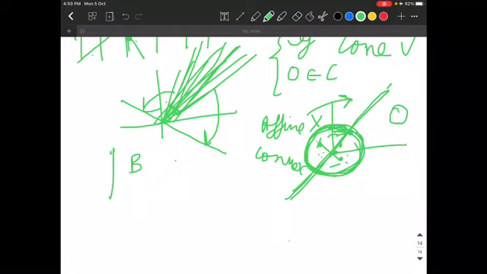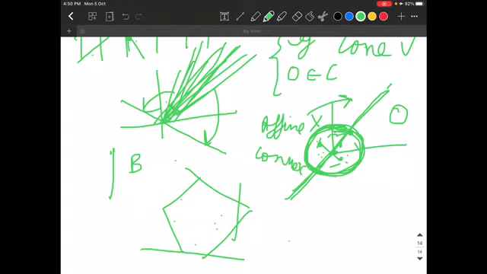What next? Similarly there are polyhedrons and polytopes. We have half spaces, they intersect and they give us a polytope. If there are a finite number of half spaces and the region obtained is bounded, then this is a polytope, otherwise it is a polyhedron.